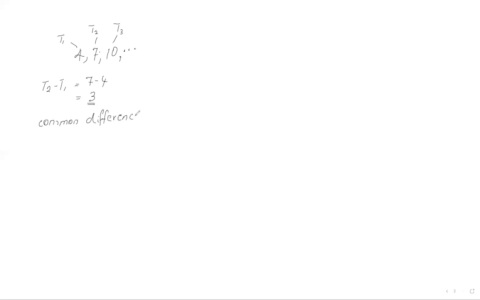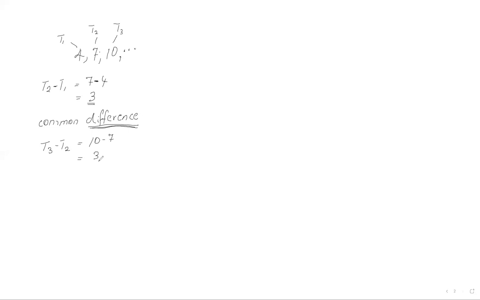Remember, in mathematics, when you multiply, we talk of the product. When you subtract, we talk of the difference. So because we subtract here, we talk of a difference which is common. It's 3 there, it's 3 there. So T3 minus T2 will be 10 minus 7.